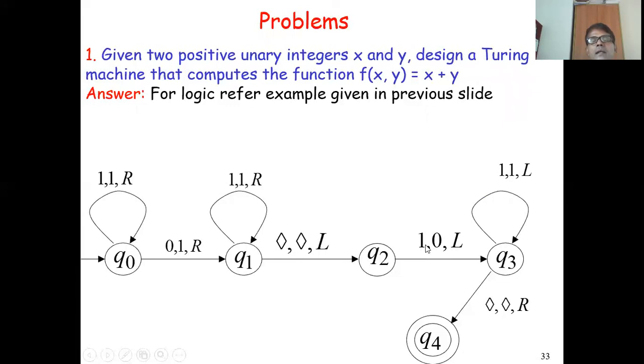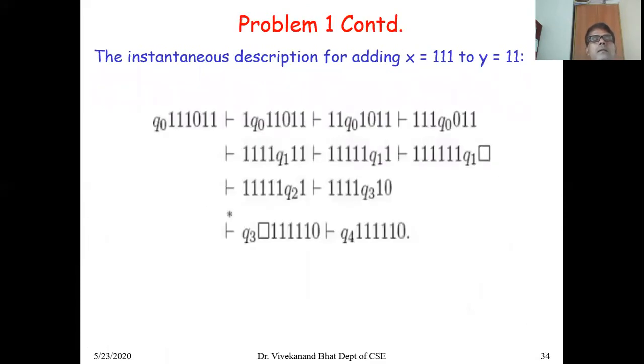The extra 1 it will read and replace by 0 and move left. It keeps on moving left, and once it reads blank, it will replace blank by blank and move right. So this is the instantaneous description for adding x equal to 1, 1, 1 and y equal to 1, 1, 1.